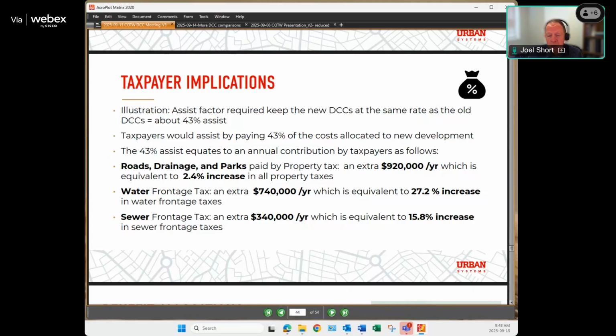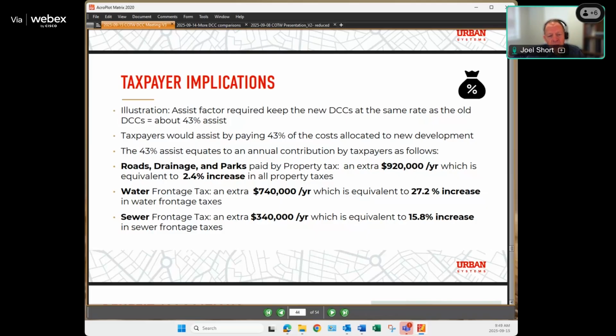Yeah, and yes, you could also do a much more complex analysis where you're trying to take a look at the impact of a new assessed value, new water frontage, new sewer frontages. But this is a fairly straightforward analysis. What happens if this year we have to generate $920,000 more, and this year we have to generate $740,000 a year more.